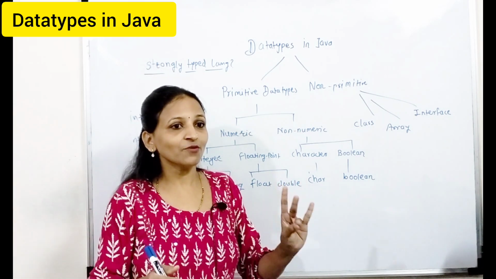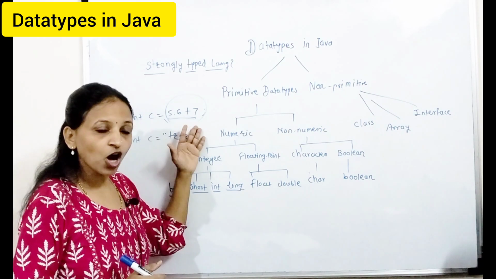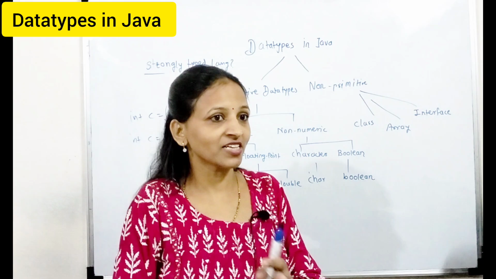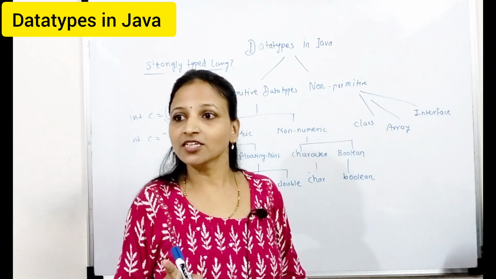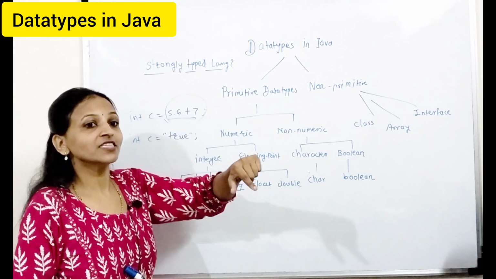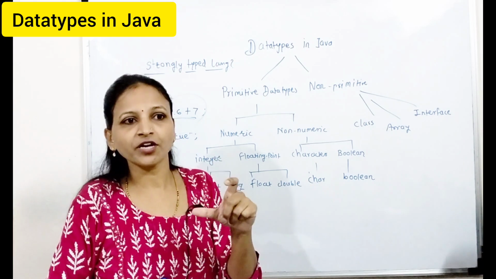Next, if you are doing any assignments, whether direct assignment or calling methods by passing arguments, whatever assignment is done, strict type checking is there. Getting? You have to write all these points if there is a question like why Java is called a strongly typed language. Any doubts in this point?